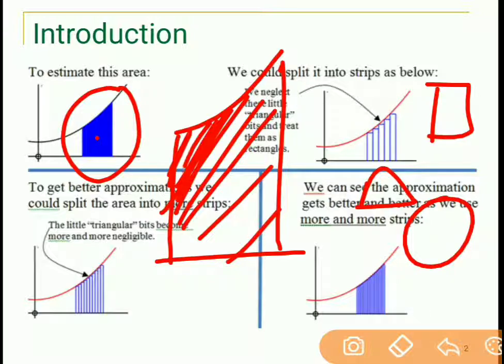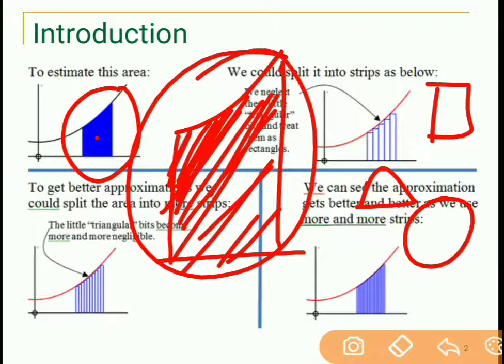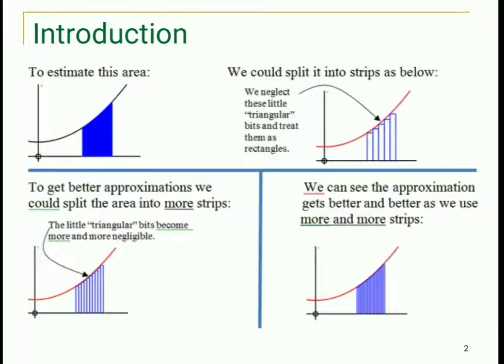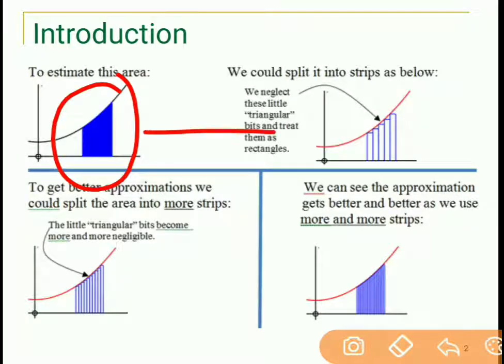But to find the area of such a complicated shape, we divide this entire area into small rectangular strips, because we know the area of these small rectangular strips. So the very first step is to divide this bluish area into small rectangular strips. As you can see in this figure, there are several rectangular strips into which this bluish area is divided.